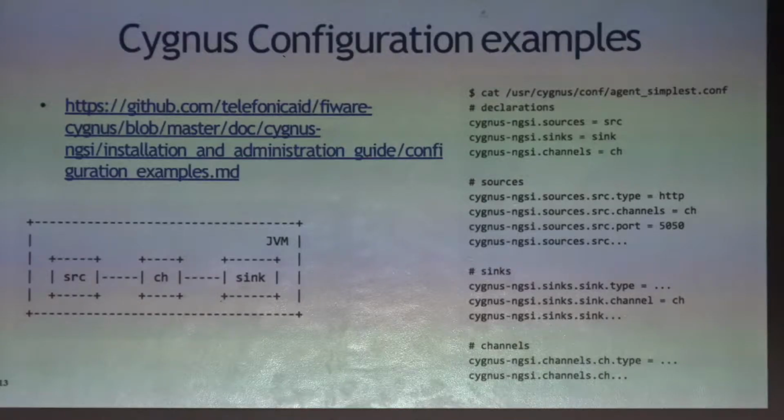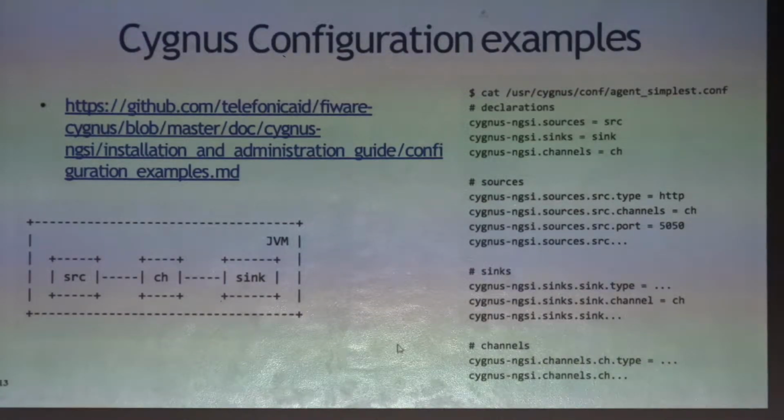Cygnus, as I explained, works on a subscription mechanism, the publish-subscribe mechanism, which I gave you a demo for. So this is how you configure it. You just define at what port Cygnus listens. So you can see here it's listening on port 5050 and type HTTP.